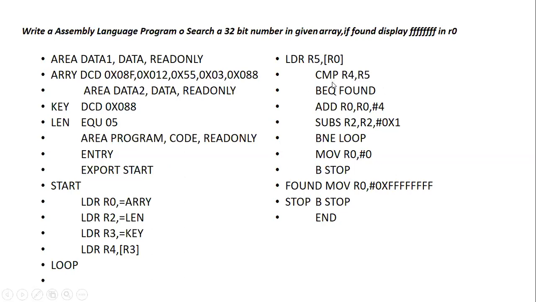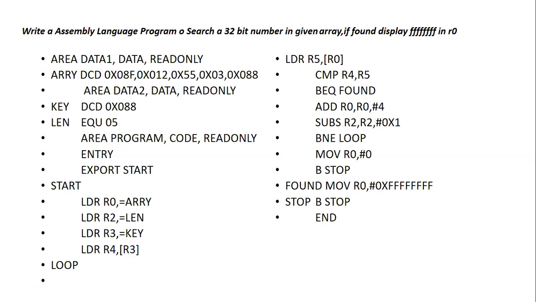Now we have to compare the key element and the element that is present in the array. Our key element is stored in R4. So when we compare R4 and R5, if it is equal, we have to come out of the loop. Means our element has been found.